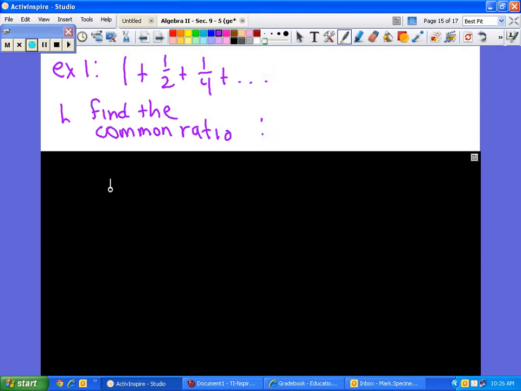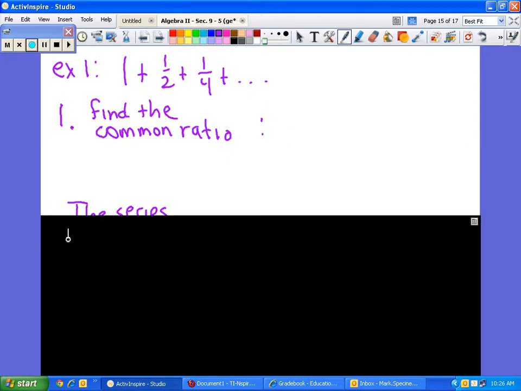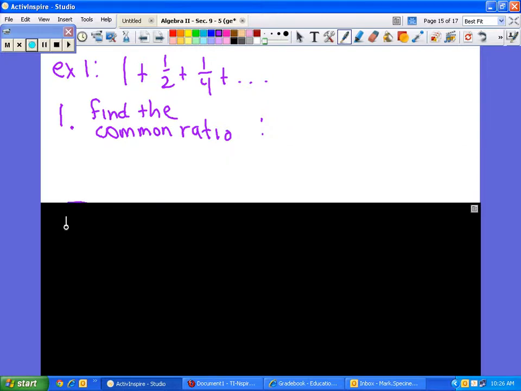Okay, so here's my series: 1 plus 1/2 plus 1/4 plus dot dot dot. So step number 1 is to find the common ratio.